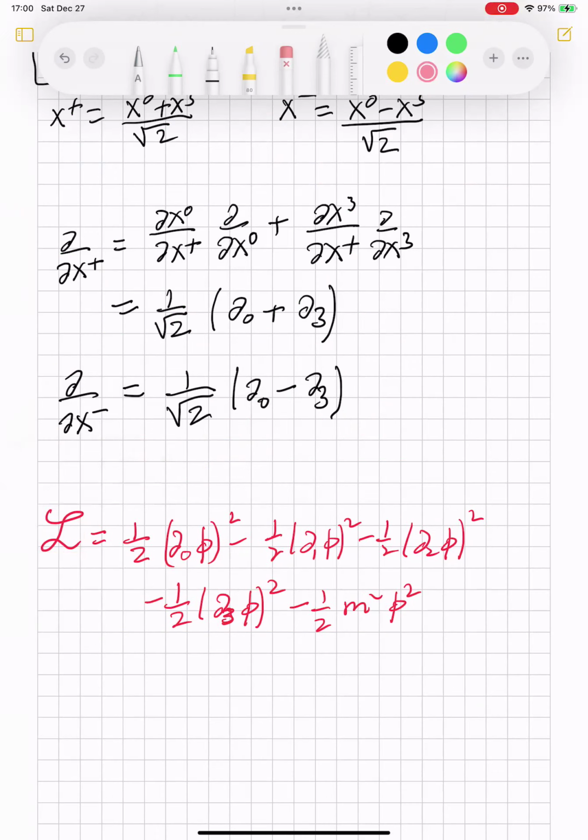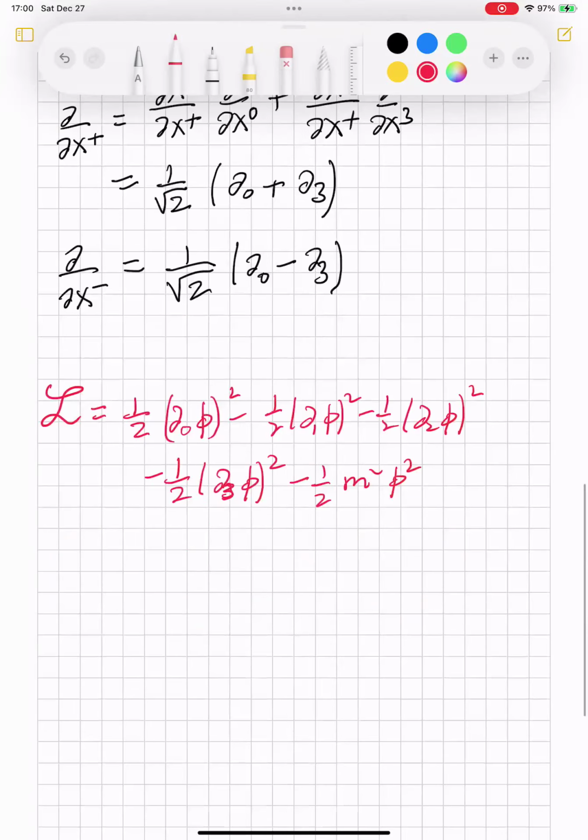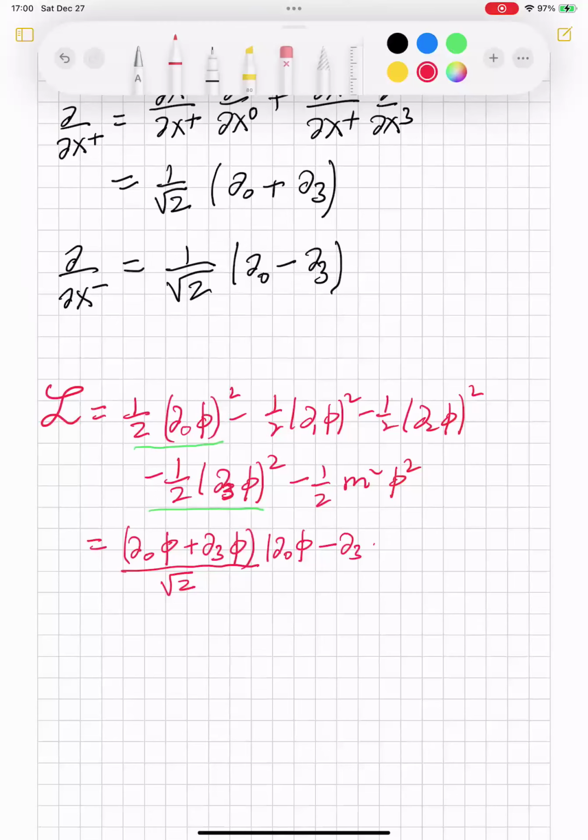Okay, good. So now notice something. I can rewrite this as follows. This is equal to, so I'm going to combine this d0 squared and this d3 squared. So we combine those by saying it is d0 phi plus d3 phi over the square root of 2 times d0 phi minus d3 phi over the square root of 2.